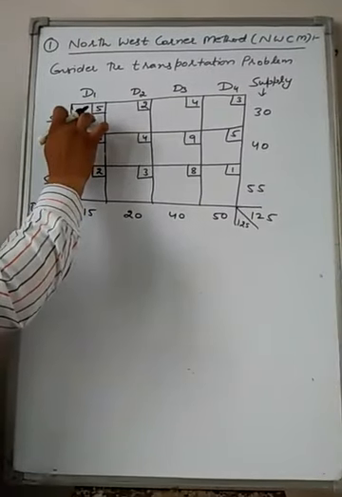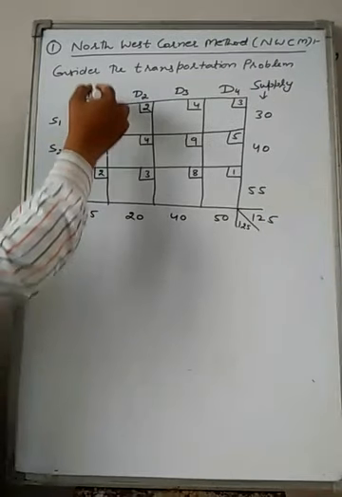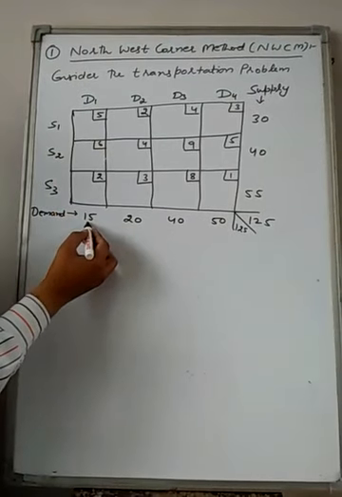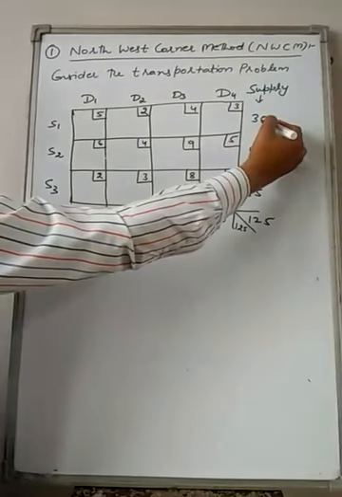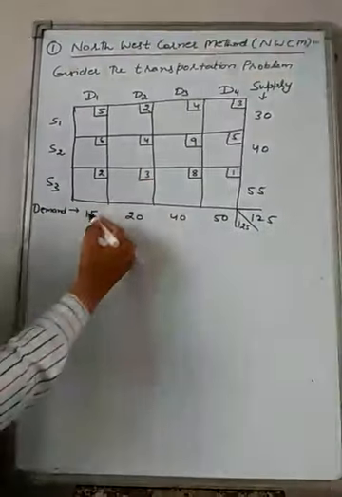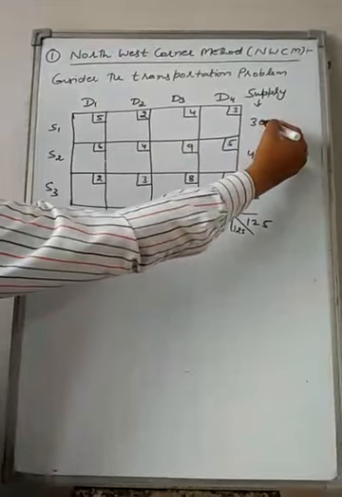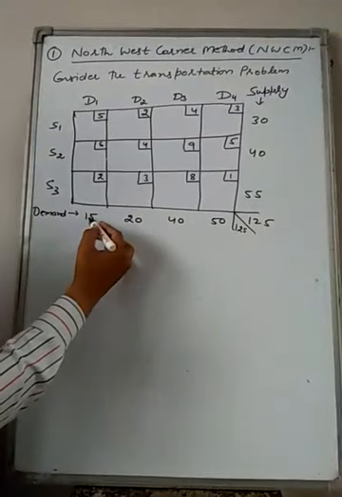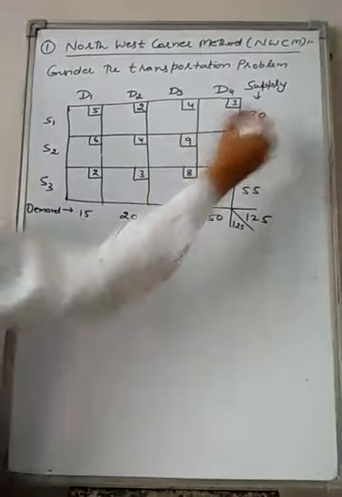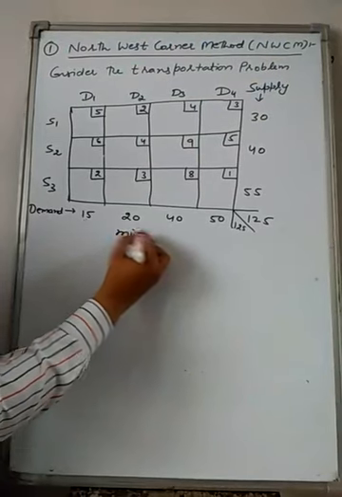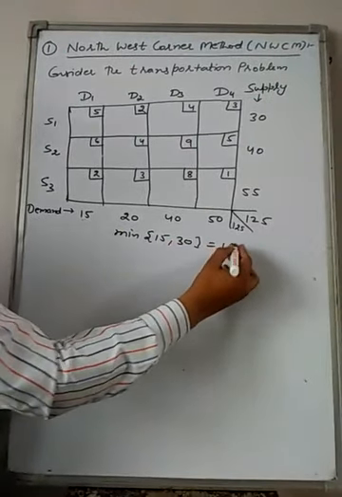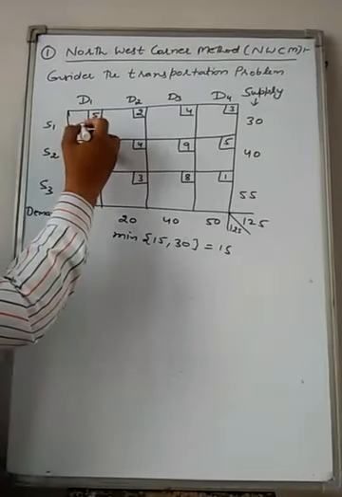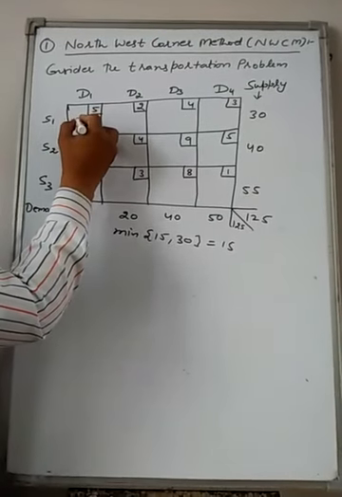Look at this. Corresponding to this column, demand is 15, and corresponding to this row, supply is 30. You have to take the minimum of this supply and this demand, that is the minimum of 15 and 30, which is 15. Therefore, we first allocate 15 here.